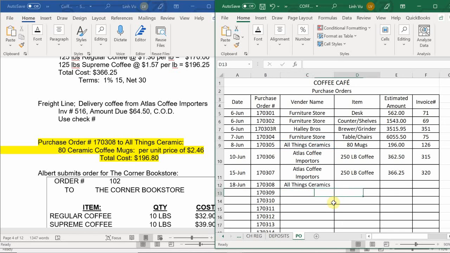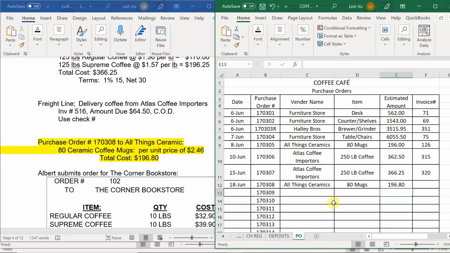And we have the cost of 196.80. Okay, good. So now we have some kind of reference point when we match our invoices.